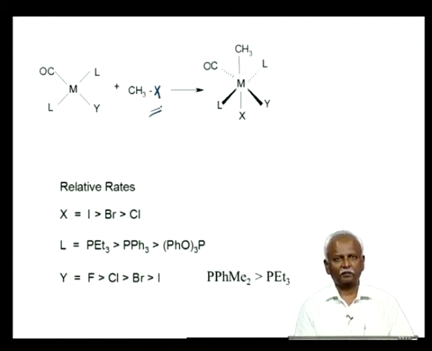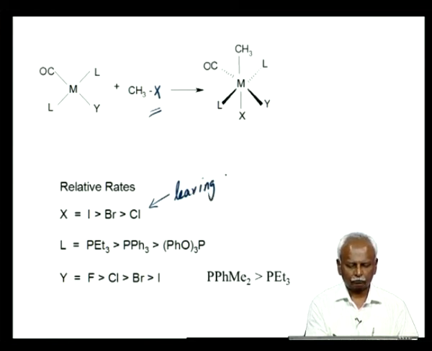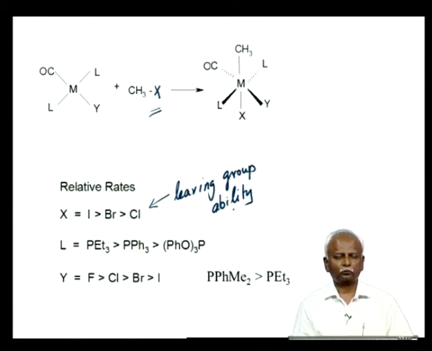Iodine reacts the fastest. On the other hand, chlorine is the slowest, and this is fitting the leaving group ability of X. So, the leaving group ability of X correlates with the rate of the reaction.